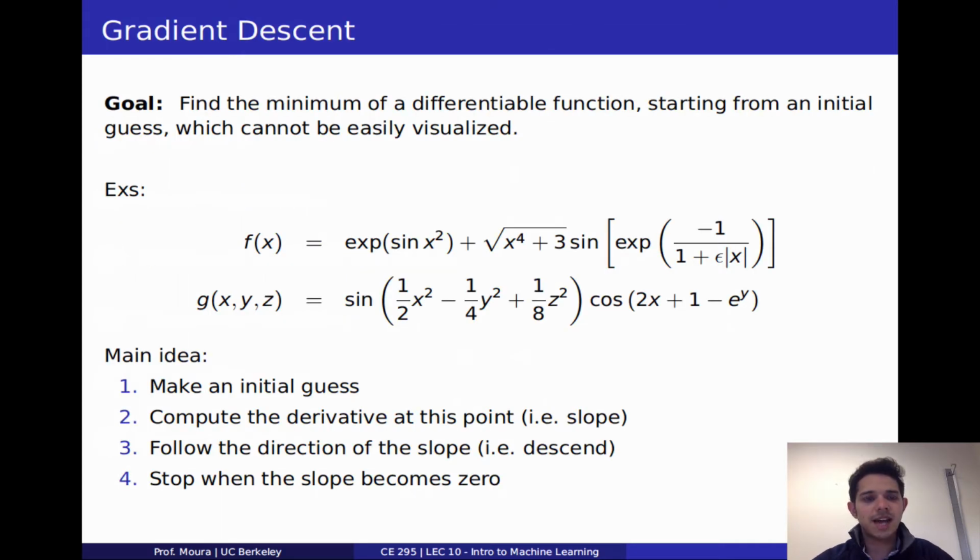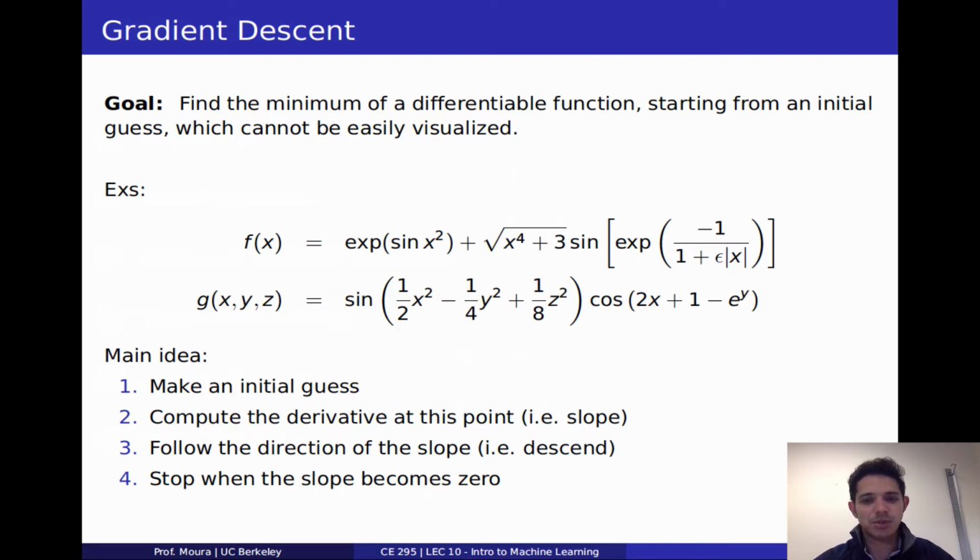So let's now take an aside and discuss this notion of gradient descent for optimizing objective functions. Here our goal is to find the minimum of a differentiable function starting from an initial guess which cannot be easily visualized.